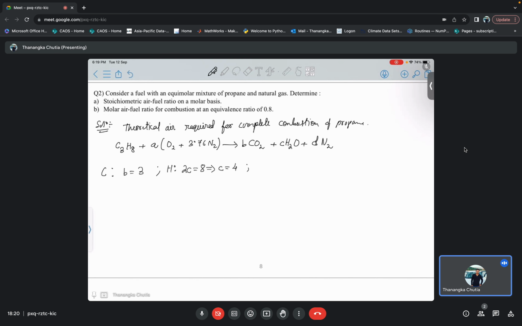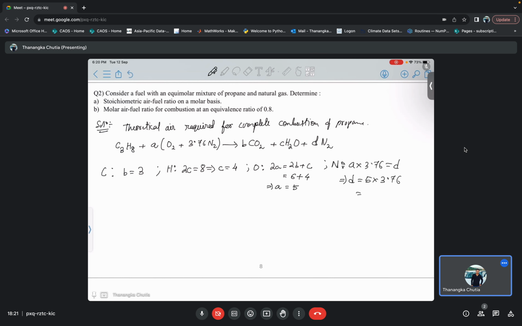And if you balance oxygen, you will get 2A is equal to 2B plus C. Okay, so that means what? 2 into B, that is 6, plus 4, so this implies A will be equal to 5. And if you balance nitrogen, what you will get exactly? A into 3.76 is equal to D, so it implies D is equal to 5 into 3.76.